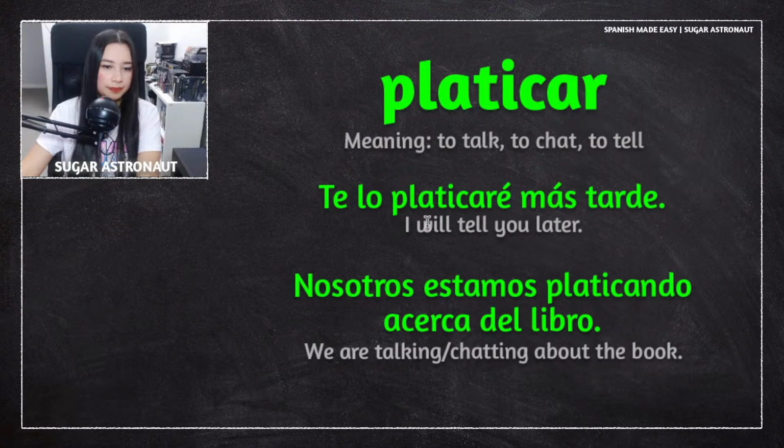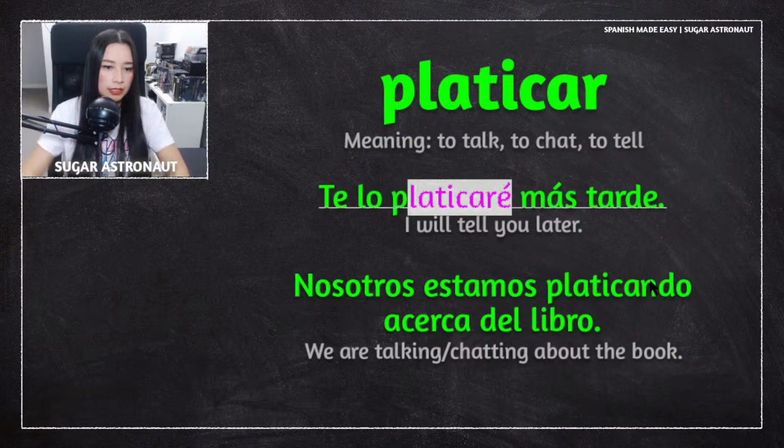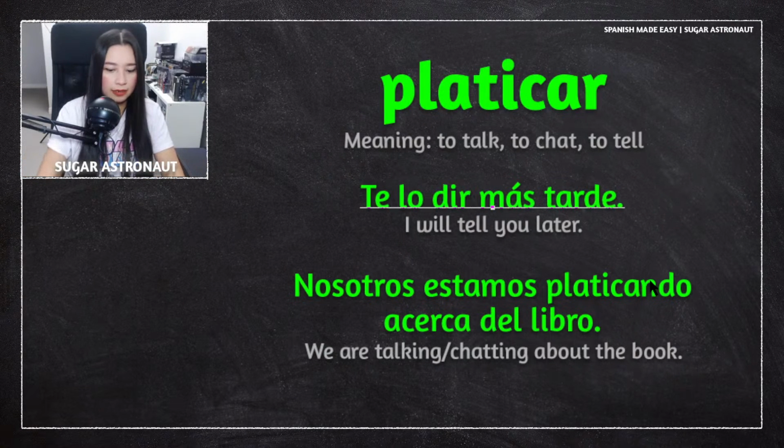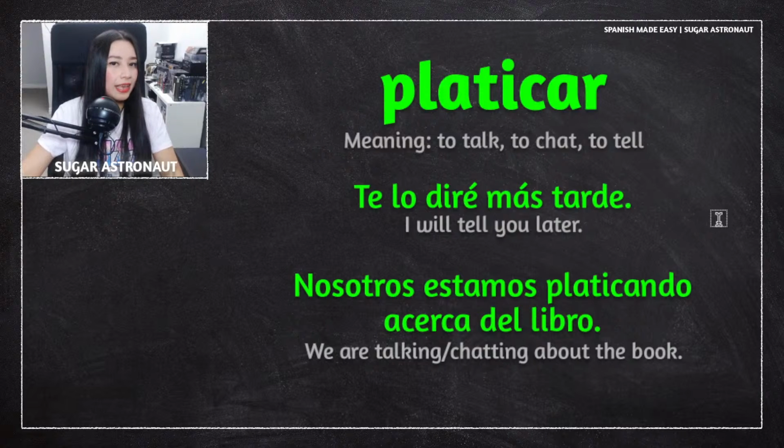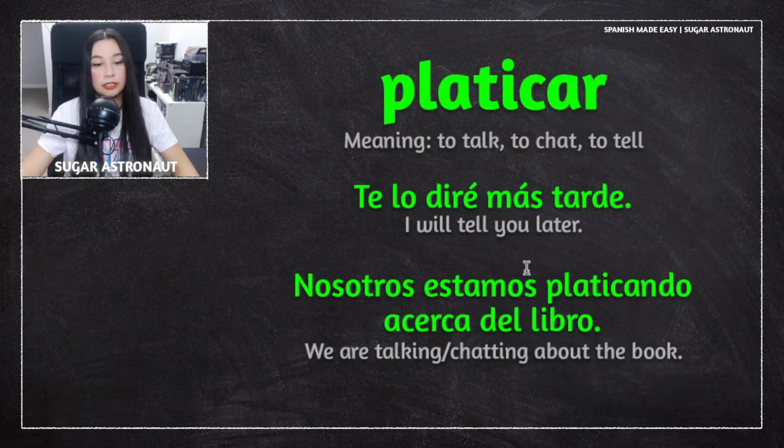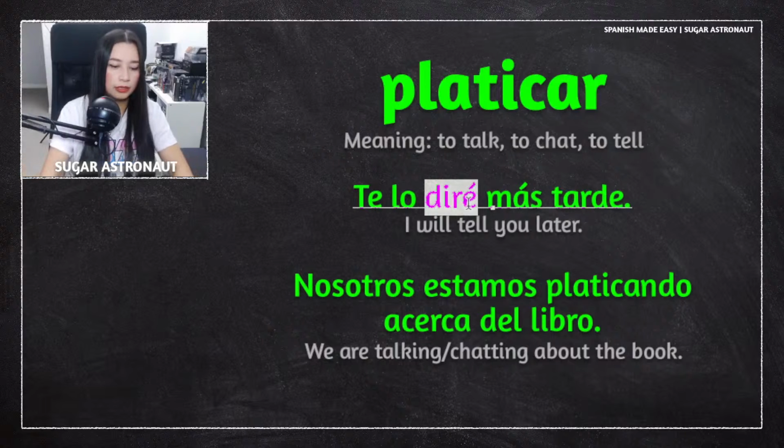Platicar is similar to decir, because you can say diré as well. Te lo diré más tarde. I will tell you later. Diré or decir means to tell. It's a very common verb, and the translation is to tell. But platicar is also used.